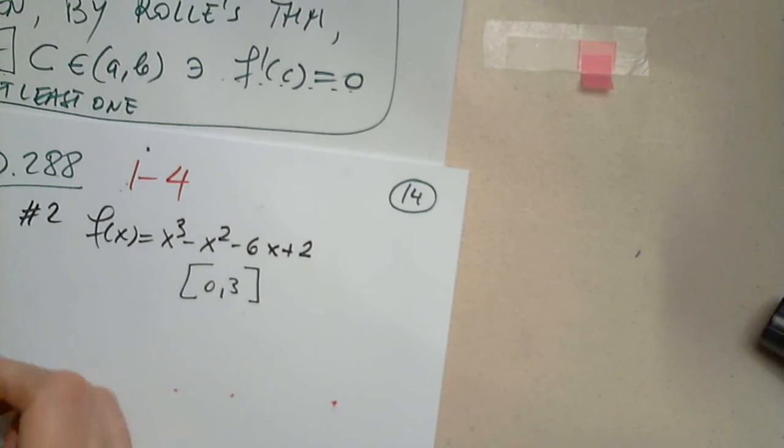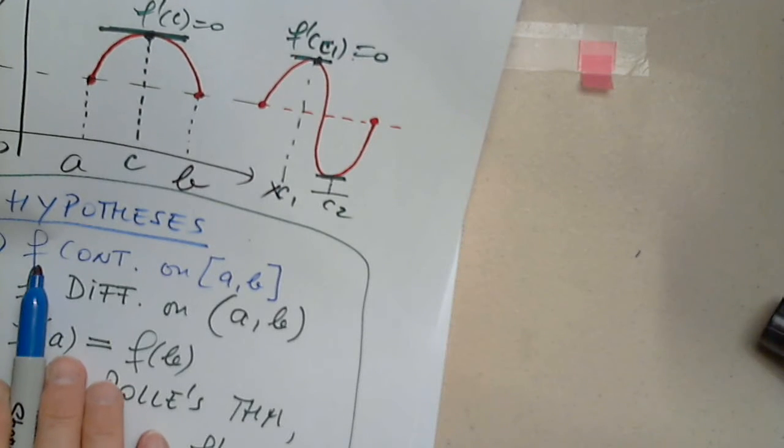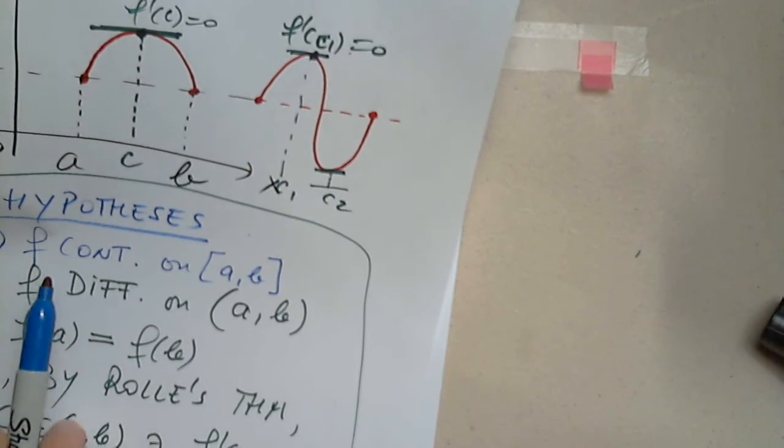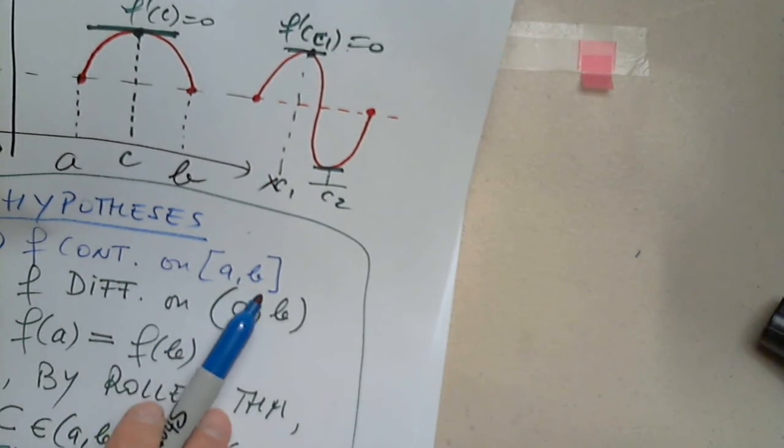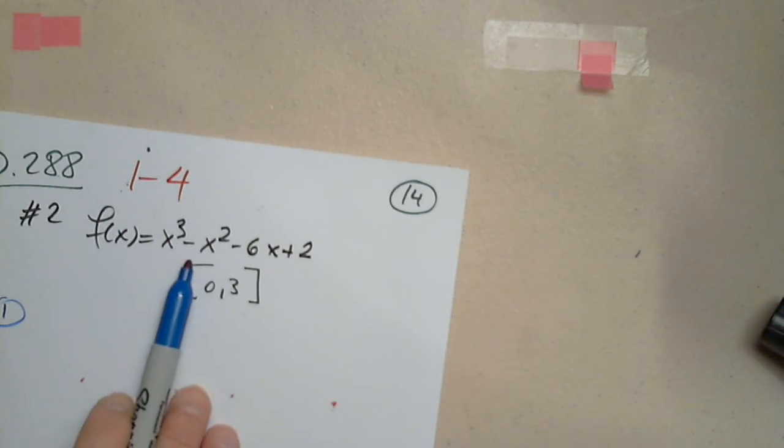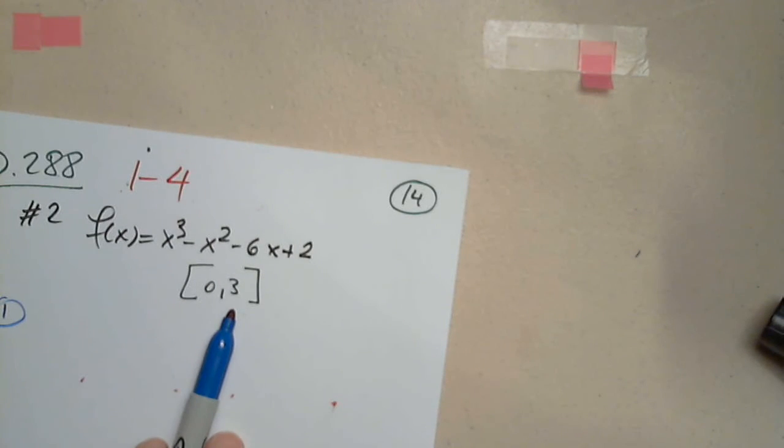Okay, number 1. What do I have to write? To make sure, not just write, but to make sure that the function is continuous on [a, b]. Is this function continuous on [0, 3]? Yes. Exactly.